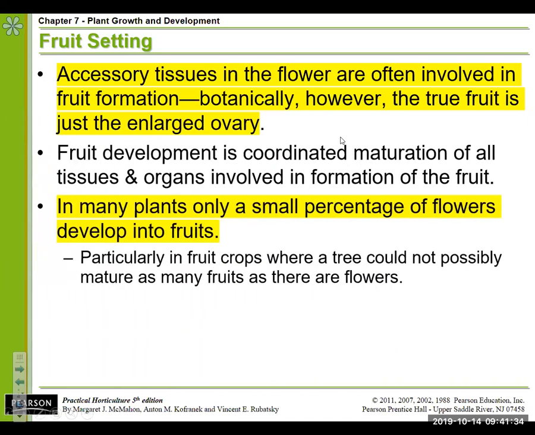That's just a difference in semantics there, though, how you refer to it. In many of our crops and in many plants in nature, only a small percentage of the flowers actually develop into fruits. And this is just kind of a natural fail-safe for plants where they produce more flowers and in some cases more fruits than they actually need to try to become more survivable and pass along their genetics easier.